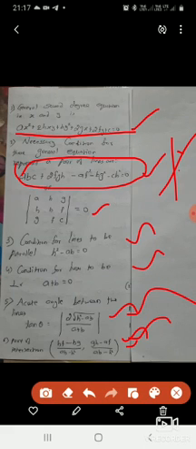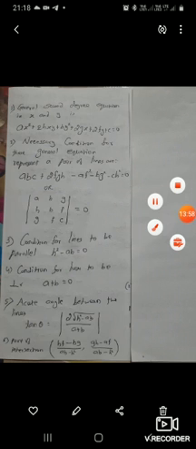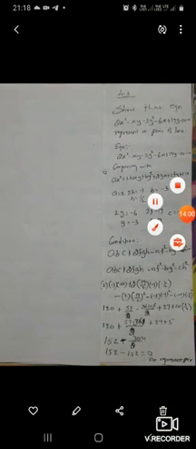In the first sum, one equation was given, and we checked whether it represents a pair of lines or not. To prove it represents a pair of lines, it should satisfy the condition.